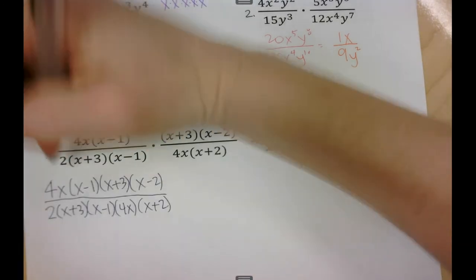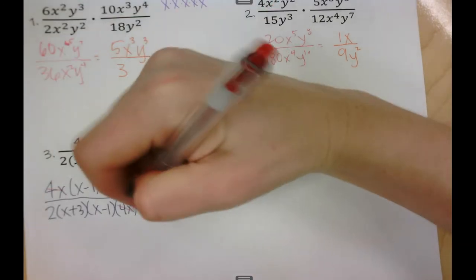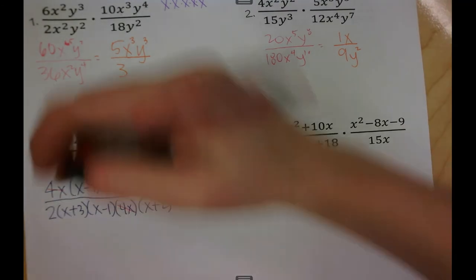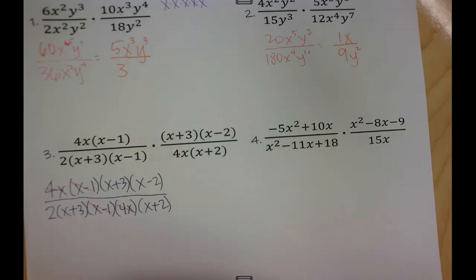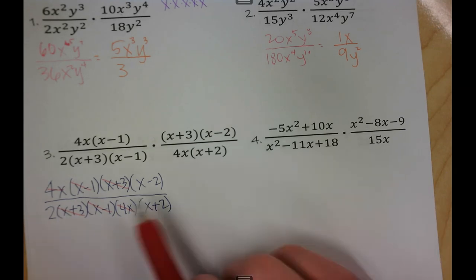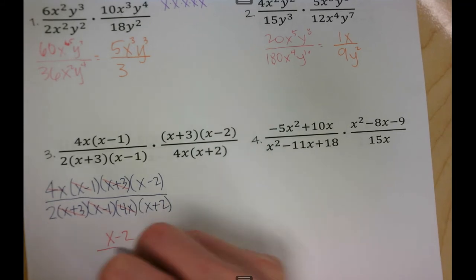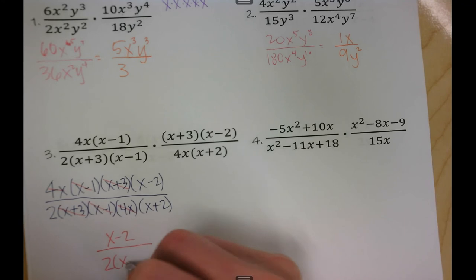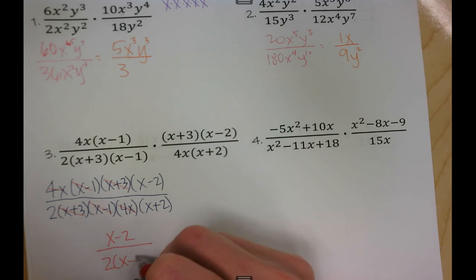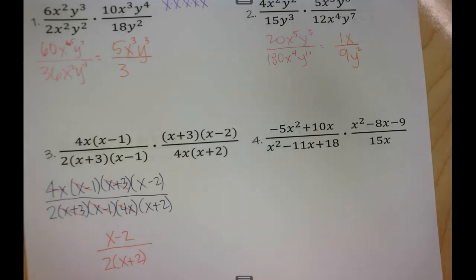We have a 4x here and a 4x here. Those go away. X minus 1, x minus 1, x plus 3, x plus 3. And then we're left with x minus 2 on top, 2 times x plus 2 on bottom.